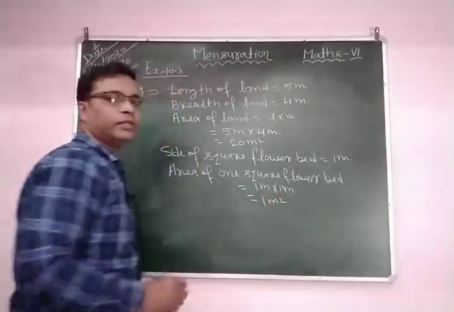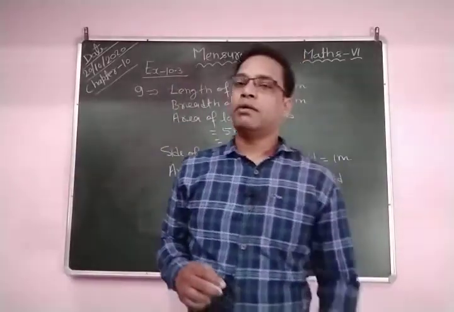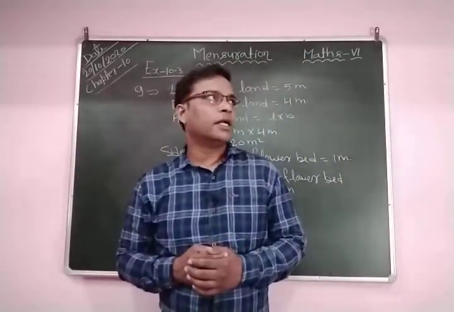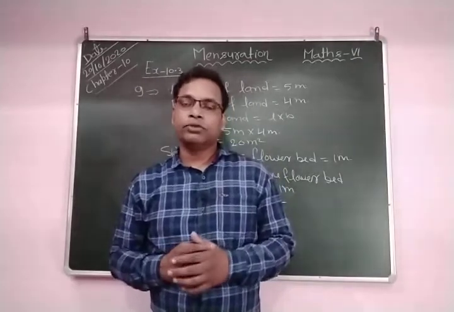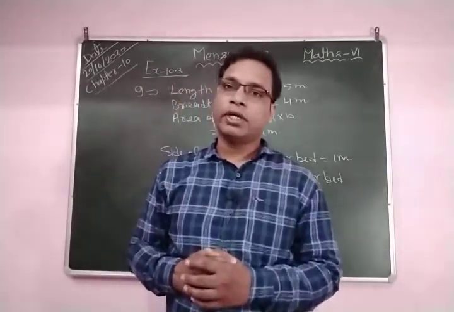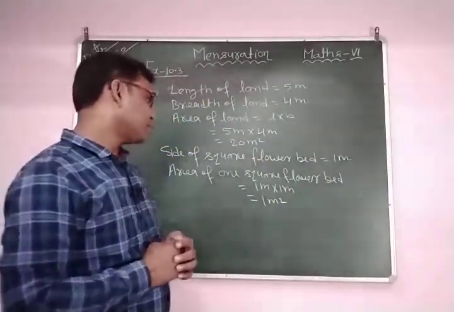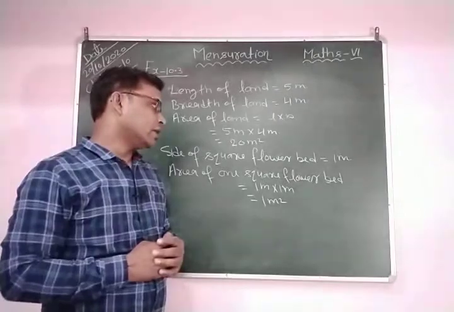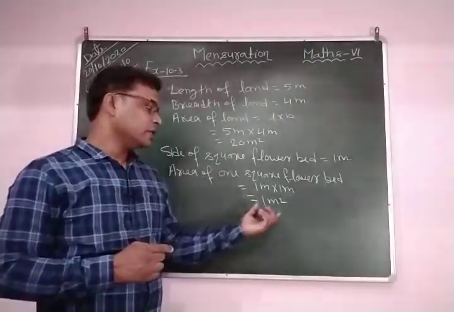Clear? Because you know very well the area of square is side into side. Here the flower bed is the shape of a square, and the side is given. What is the side of the square flower bed? 1 meter, so 1 into 1 is equal to 1 meter square. In this way you find the area of 1 square flower bed. The area of 1 square flower bed is 1 meter square.